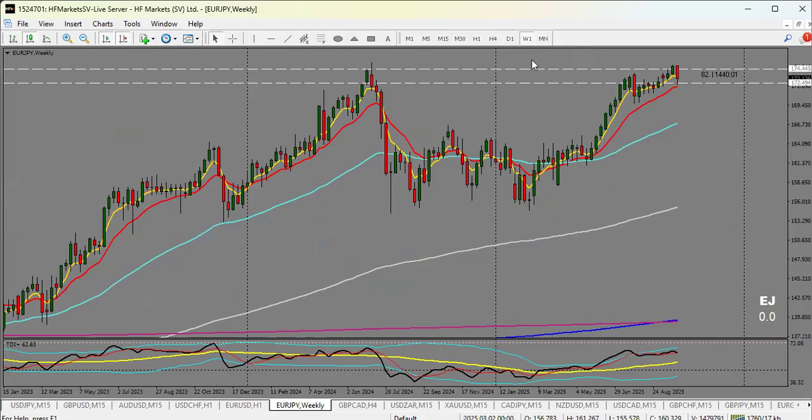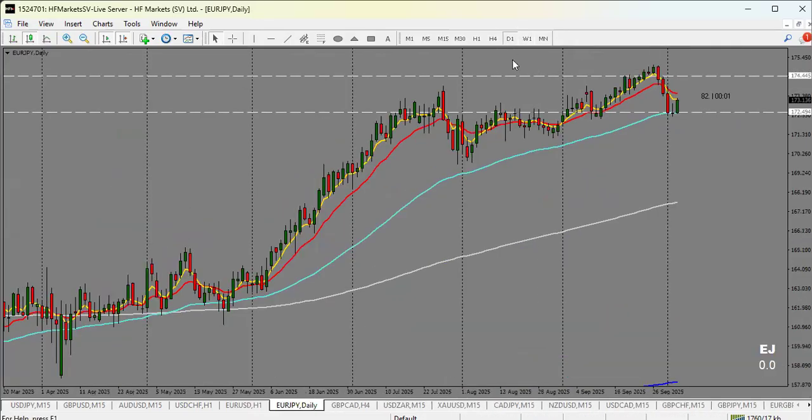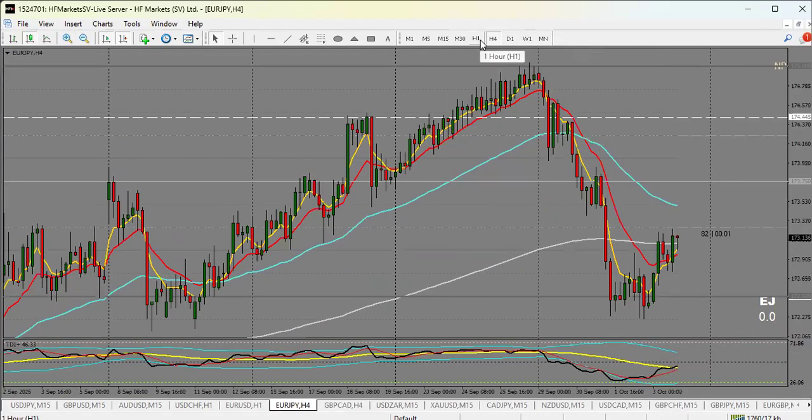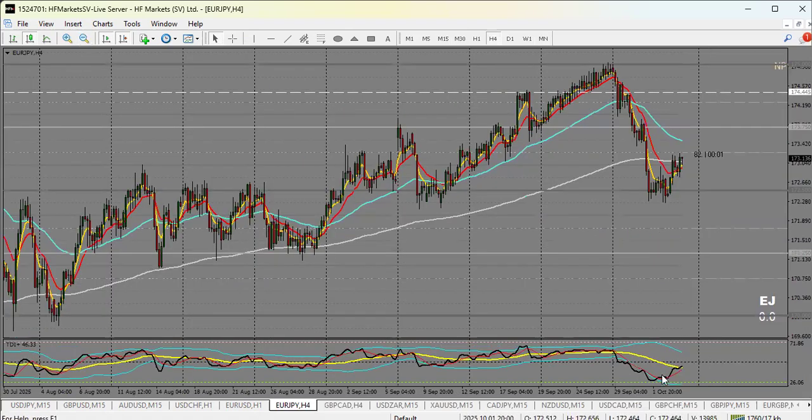So that means a sell on EURJPY, USDJPY, and right now it bounced around the 50 EMA. As we still expect it to continue selling because of the strength in the JPY, we should be looking for a peak reset area.